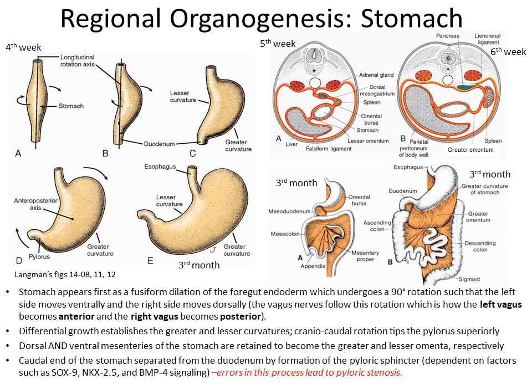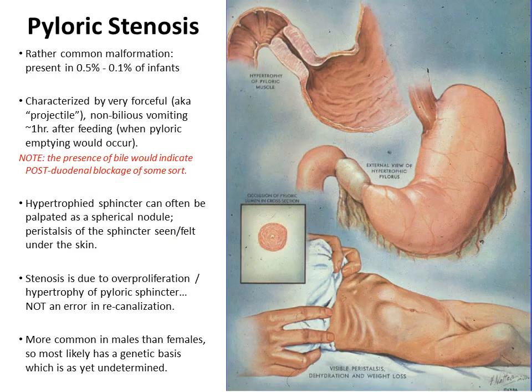SOX9 and NKX2.5 and bone morphogenic protein signaling. Error in this process would lead to pyloric stenosis. Pyloric stenosis is a common malformation present in 0.05% to 1% of infants, characterized by very forceful projectile, non-bilious vomiting in the first hour after feeding, when pyloric emptying would occur.